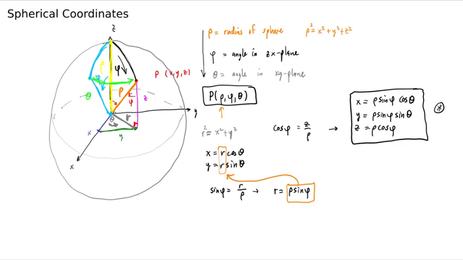So the correct order is rho, then phi, then theta, at least in the way that we're constructing these. And when I say it's the correct order, I mean it's the order that we are going to agree to all do the same way, so that when it comes time to integrate, we're all thinking in the same sense. So it's a convention that I'm setting, but I'm setting it for all of us.